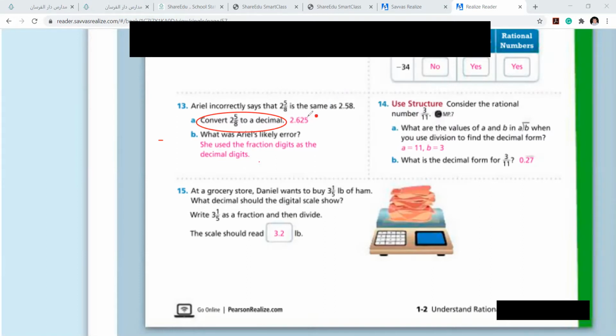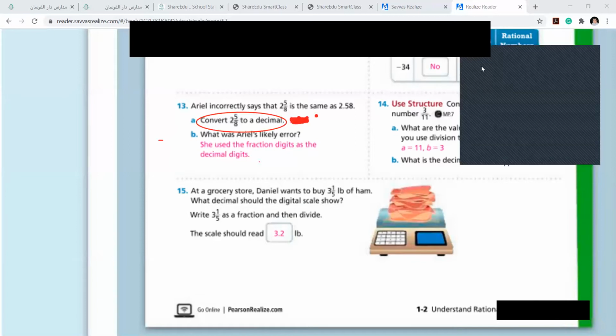I know the answer is written here, but you don't need to see the answer, and please solve it for me. Come on. I'll give you some time, 5 minutes, and you need to solve it and show it to me.